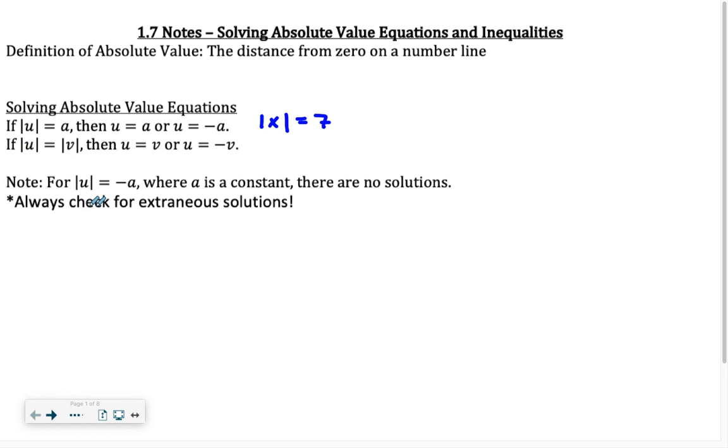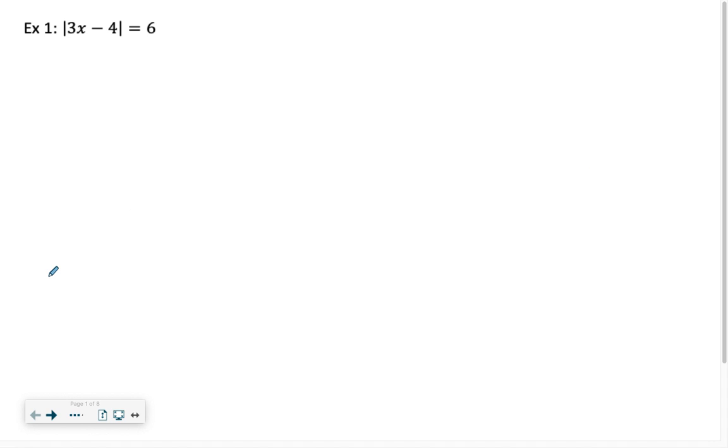Now, note, if we have something like the absolute value of x plus 5 equals negative 7, there are no solutions for that because the absolute value of anything cannot be a negative number. Okay? And when we're solving these, we do have to check for extraneous solutions. So let's go through a few examples.